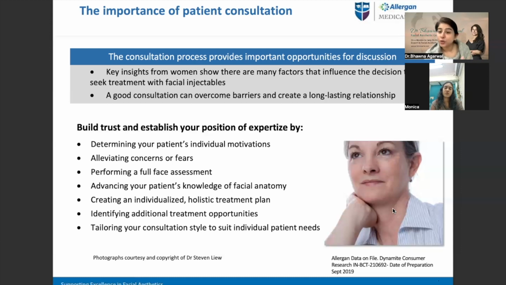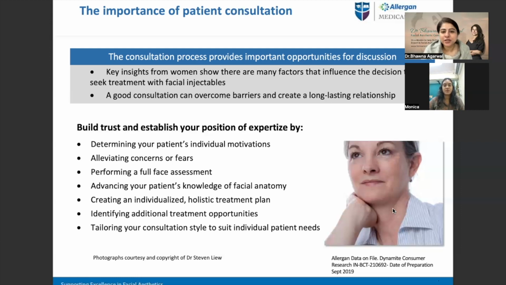This was a topic of discussion in one of the big conferences which I recently attended, and it was a common opinion that the minimum time spent in an aesthetic consultation is at least 45 minutes to 1.5 hours. That is the average time every doctor spends, and your aesthetic clients demand that time. You cannot deal with them in a rush and hurry.